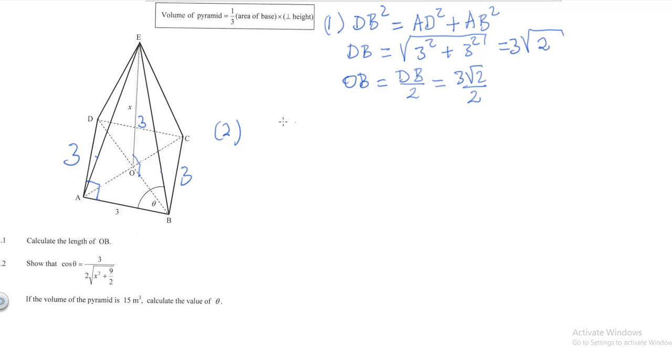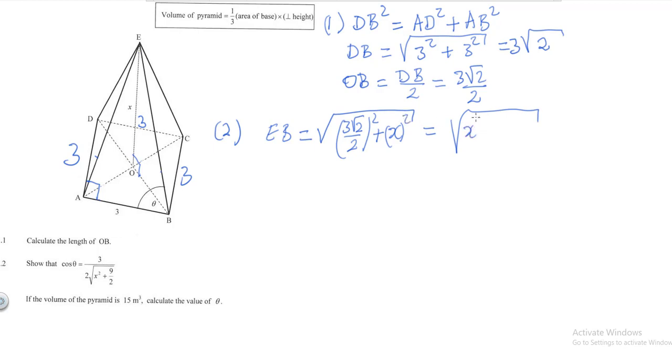So, to find EB, it's very simple. We can use Pythagoras. So, EB will be equal to the square root of OB, which is 3 square root 2 over 2, all squared, plus this side, which is x, squared.